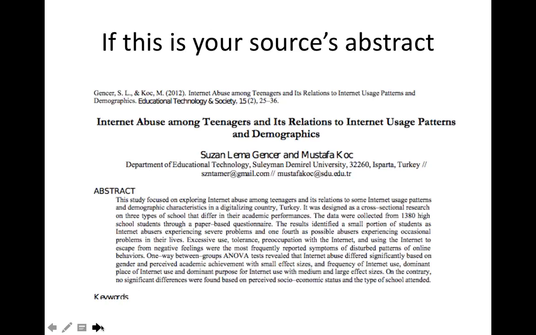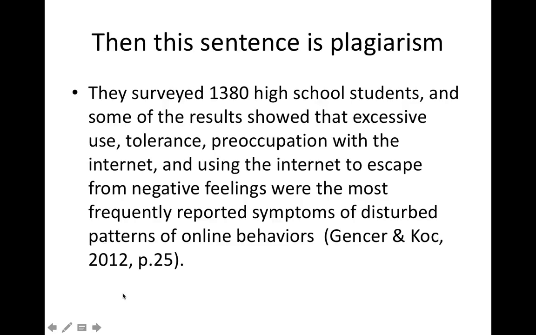All right, so there's your abstract. If that's the abstract, then notice we have a citation, but this sentence is still going to be plagiarism. "They surveyed 1,380 high school students, and some of the results showed that excessive use, tolerance, preoccupation with the internet," sounding familiar, right, guys?